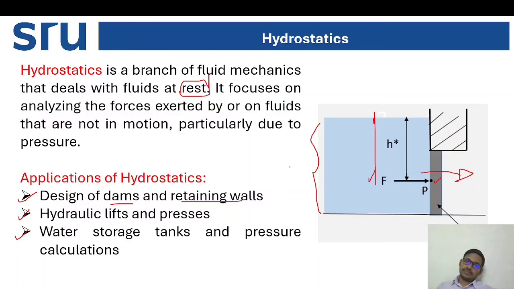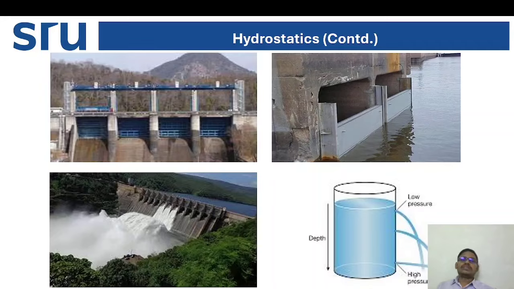Now we will see some problems related to the height, the force, and the pressure, everything with respect to the gate. These are practical examples. As we discussed in the previous lecture also, if you are taking depth, and the outlet point is here, it is high pressure; here low pressure, and here medium pressure.